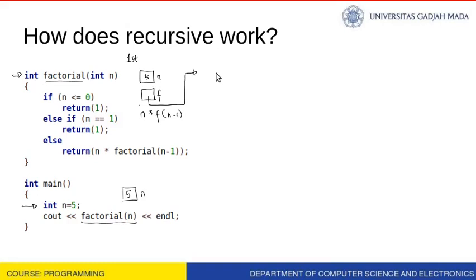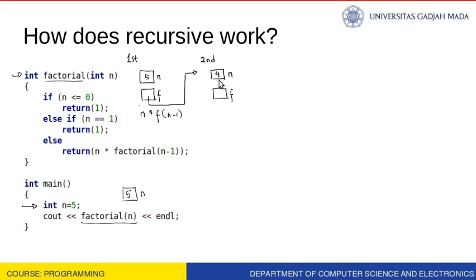So I will have another n variable, and I will have the return value of the f. So what is n? n is 5 minus 1, so this is 4. This is the second function call.